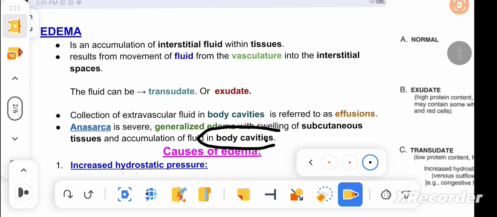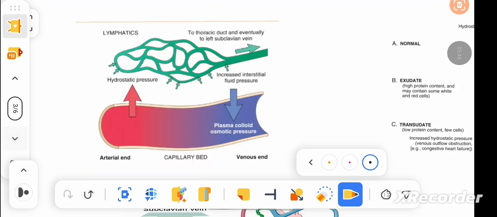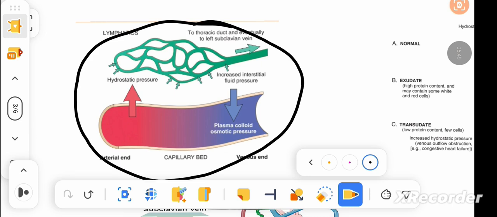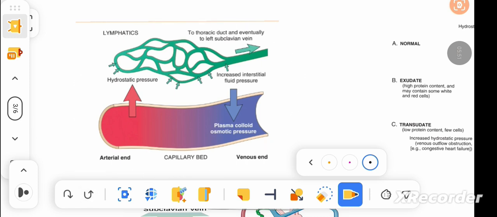Okay, now let's understand the mechanism of edema. How does edema come about? To understand that, I'm going to use this diagram here. In this diagram we have a blood vessel, and we have the arterial end.